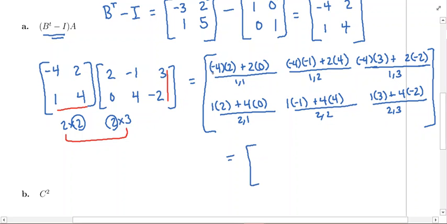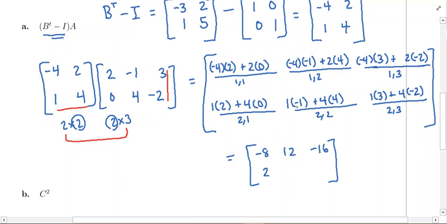This is going to be -8 plus 0, that's -8. First row, second column: -4 times -1 is +4, and +4 plus 8 gives you 12. Then -12 plus -4 is -16. Bottom row: 2 plus 0, that's a 2.